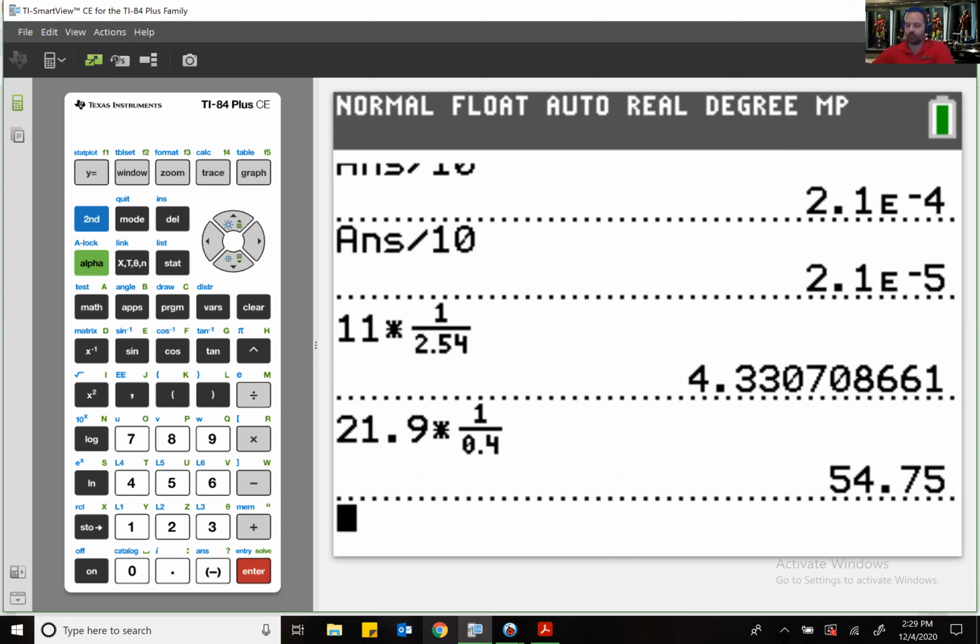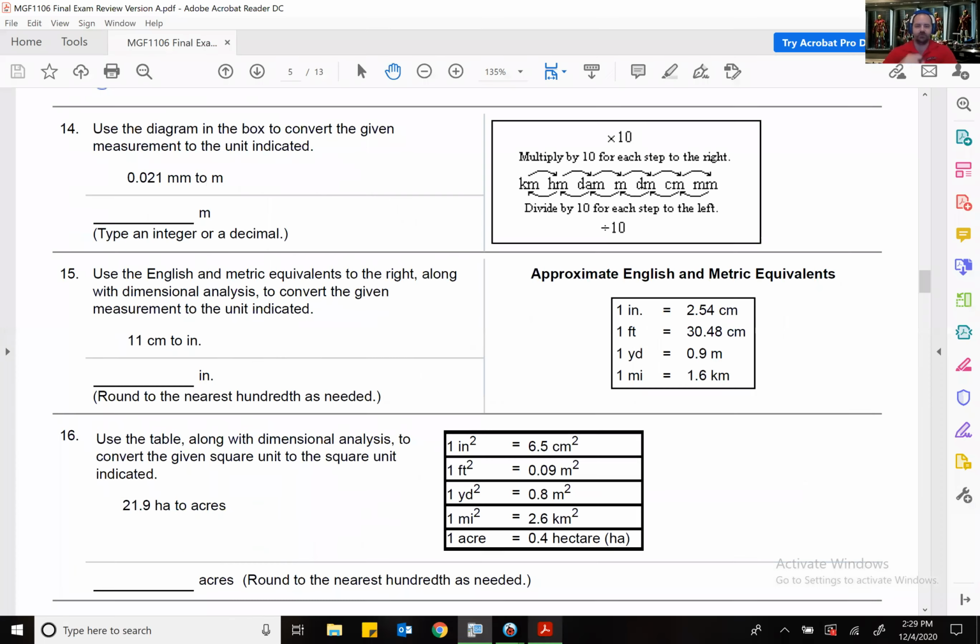And do we have to do any rounding? No, comes out nice. Gives us the 2 decimals. So 54.75 acres. Once we get past chapter 2 and chapter 3, it gets a little bit faster. Those are our long sections.